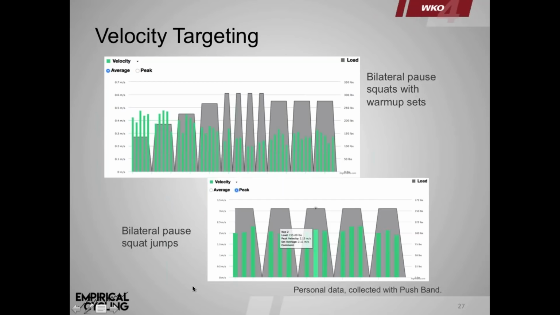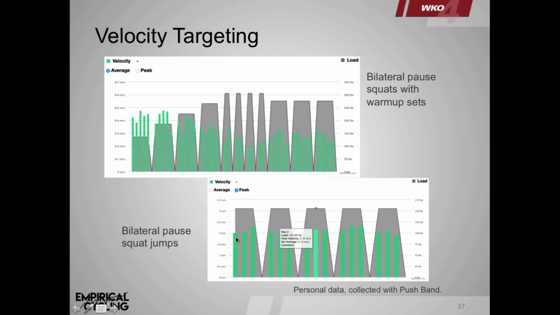And on the bottom, I'm showing you peak velocity for bilateral pause jump squats, and this is with 155 pounds because for the day I was looking for about 1 meter per second average. But the way that I look at an athlete, how many sets should they do?